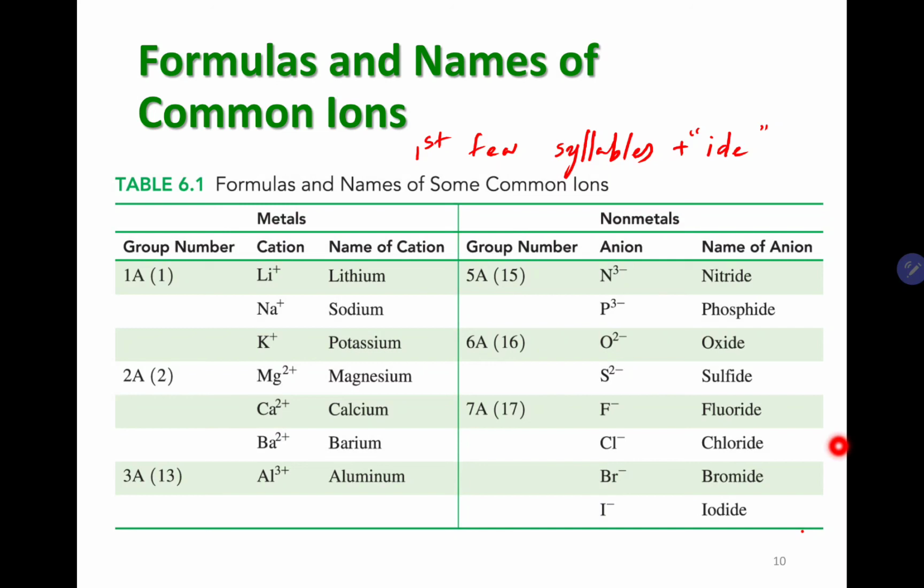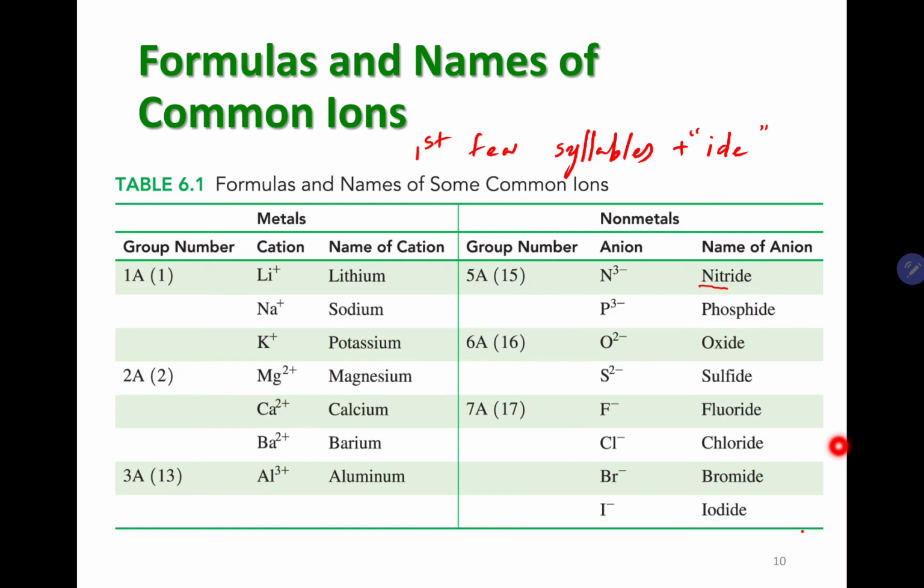So for nitrogen, you take the first few syllables and then put "ide" at the end. You usually do it the way your tongue rolls, so you don't have to specially try to memorize how to do this.